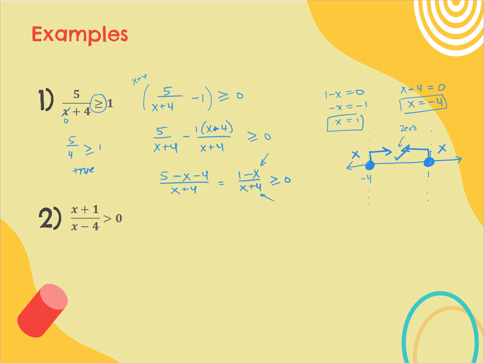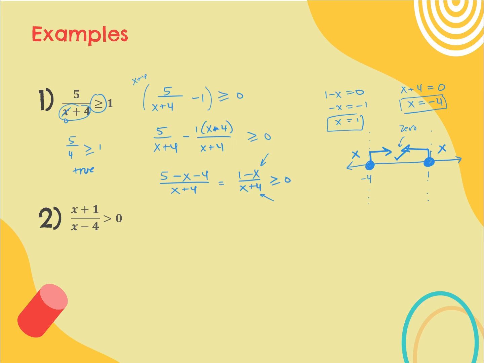The only issue to this is that, remember that my denominator can never equal 0, right? Because again, we're still talking about a rational expression, and we know that when the denominator equals 0, it's an undefined statement, so it can't have it. So what value makes the denominator equal to 0?